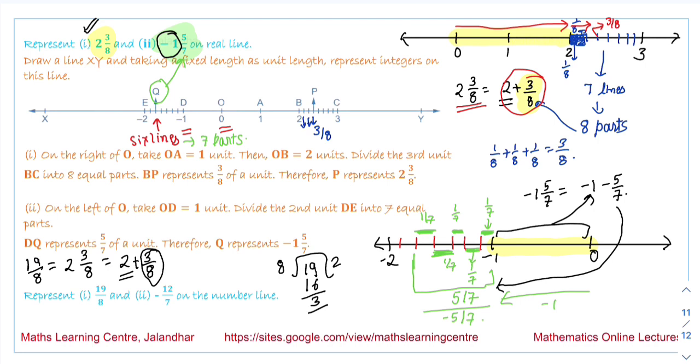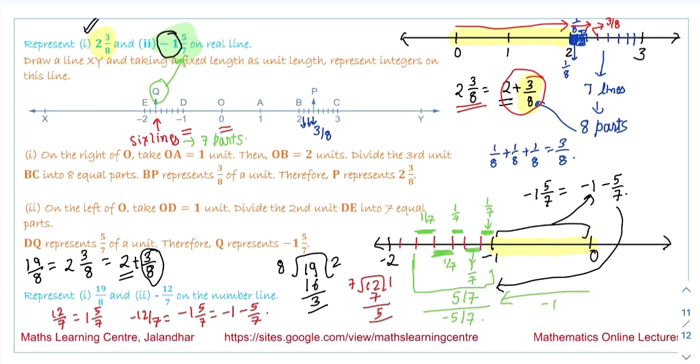Similarly, if I divide 12 by 7, I will get 1 as the quotient, and the remainder I will get is 5. So 12 by 7 is 1 whole 5 by 7, and minus 12 by 7 is minus 1 whole 5 by 7, and that is equivalent to minus 1 minus 5 by 7.